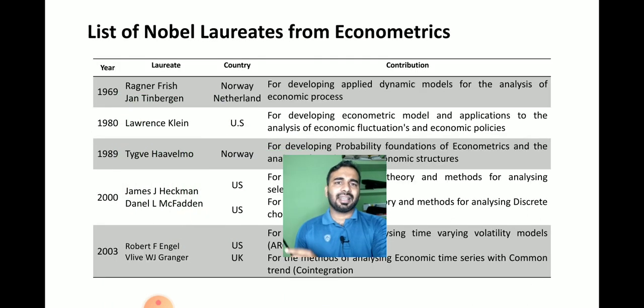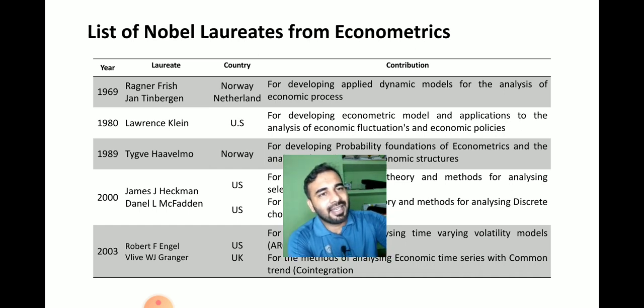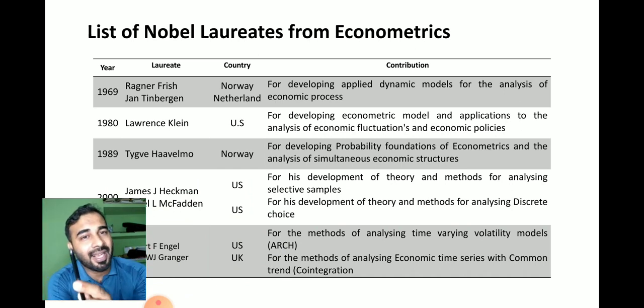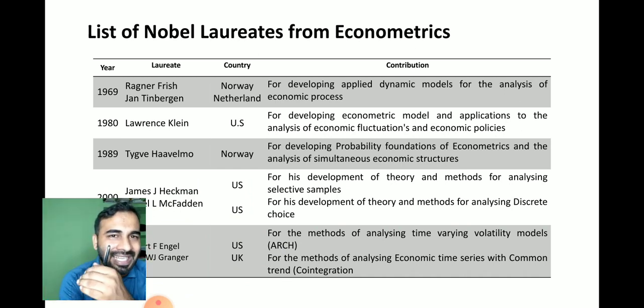Then these are the Nobel laureates in econometrics. The first Nobel Prize in economics went to econometrics. That itself says it is important.